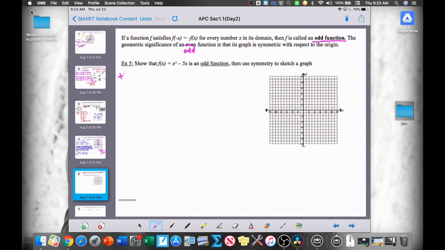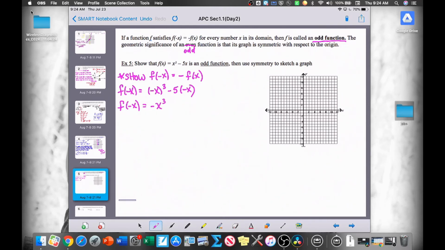All right, so again, first thing we're going to do is algebraically show that this is odd. So we are going to show that f of negative x gives us the opposite of our original function, gives us negative f of x. So when we plug in negative x, our function is negative x cubed minus 5 times negative x. Then we simplify this. When you cube something negative, the result will be negative, so this term becomes negative x cubed.